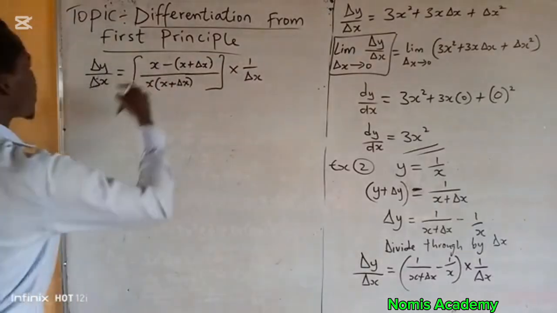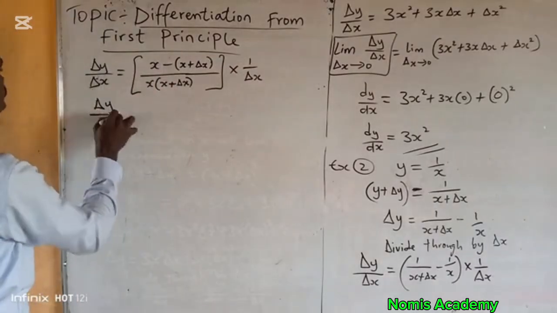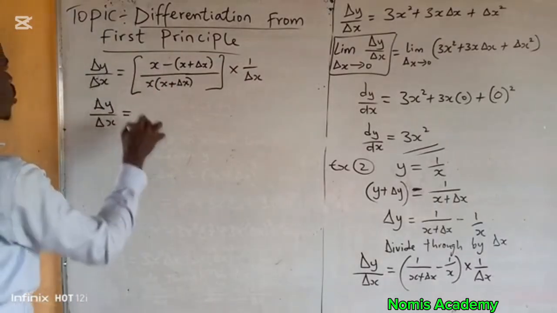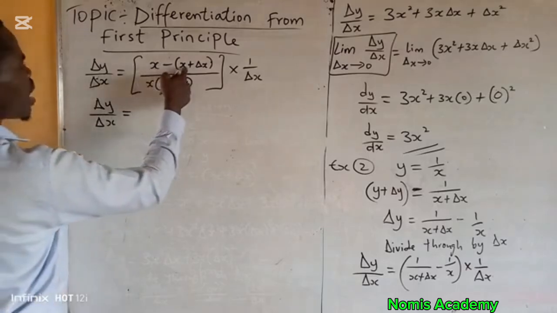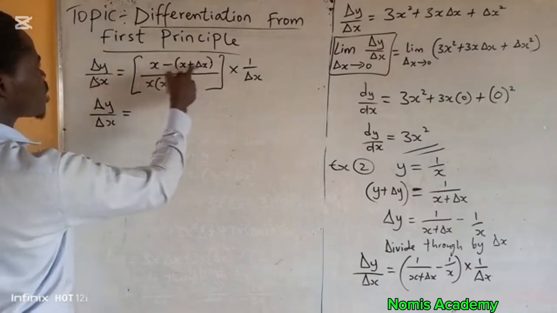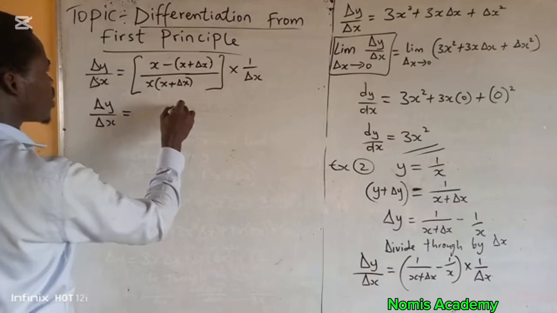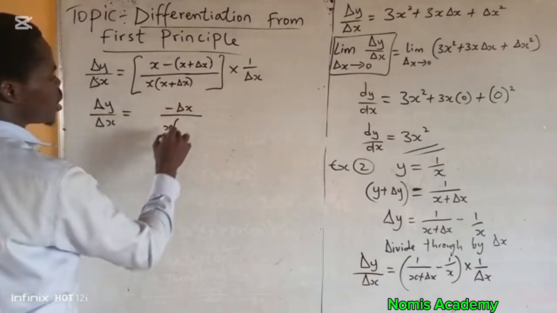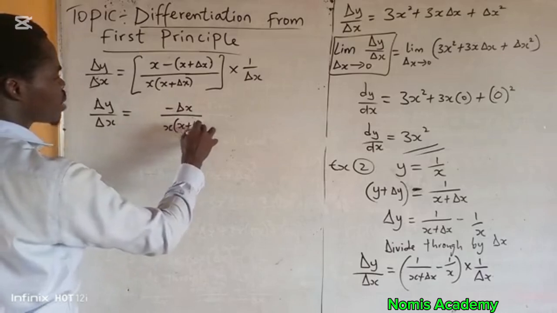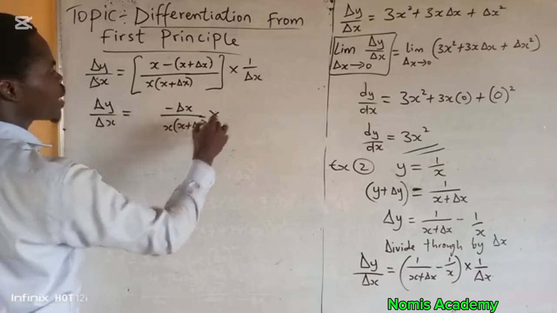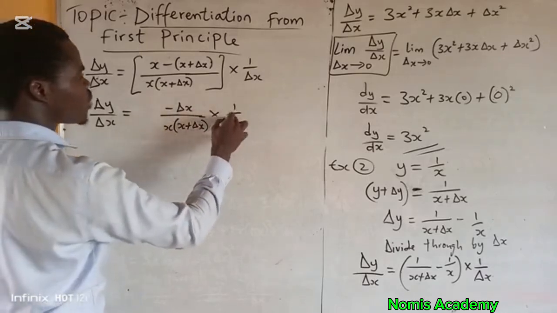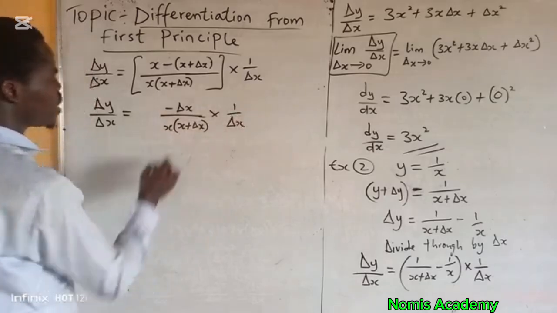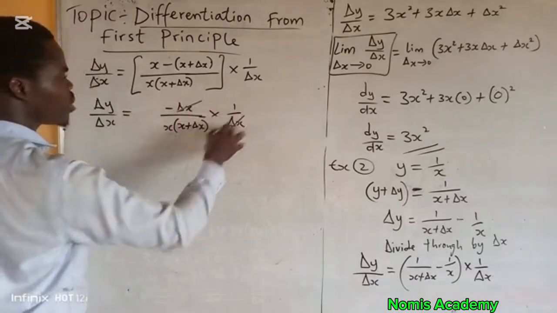Alright, let's simplify this. Delta y all over delta x is equal to x minus x is 0, so we have minus times delta x is minus delta x all over x into x plus delta x multiplied by 1 all over delta x. So we can see that delta x can cancel this.